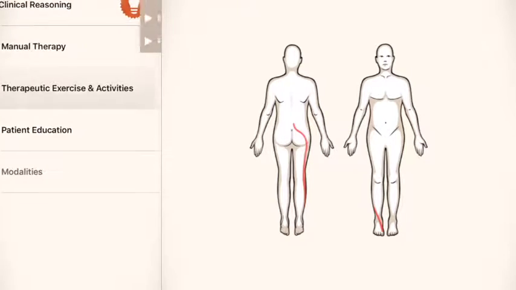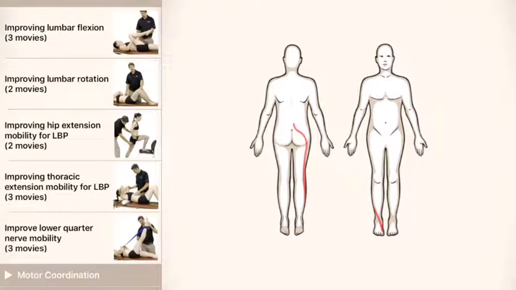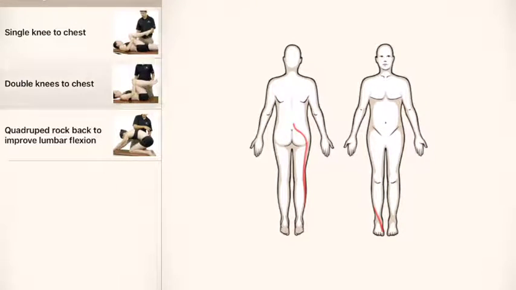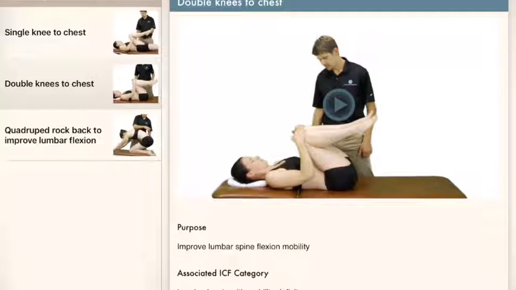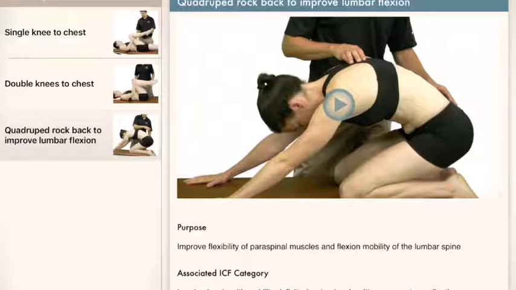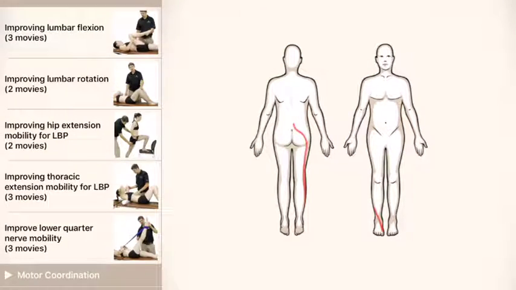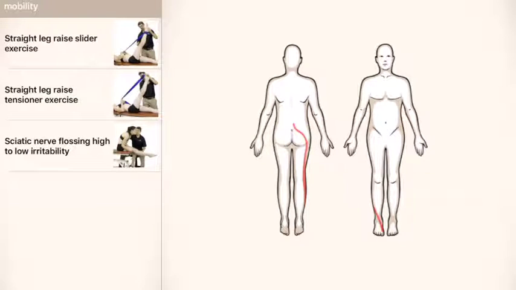Therapeutic exercise-wise, you will see that I'm going to do stuff that reduces the entrapment, double knee to chest, right? Flex the spine open, quadruped rock back, flex that spine open, give the nerve root space, and give them exercises to improve their nerve mobility and their nerve sensitivity.